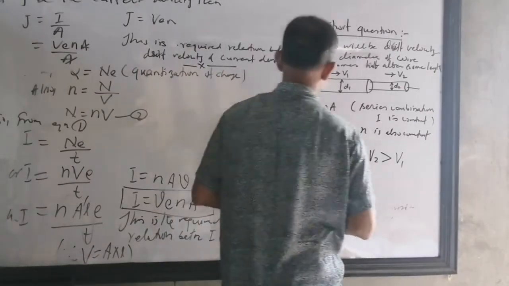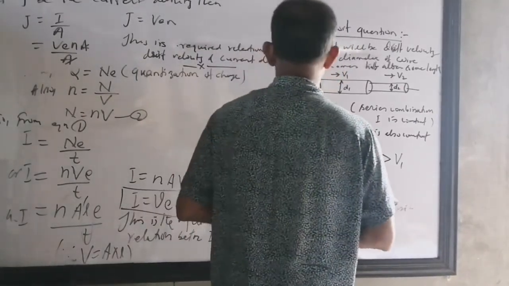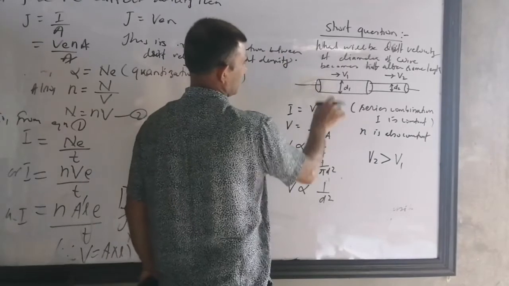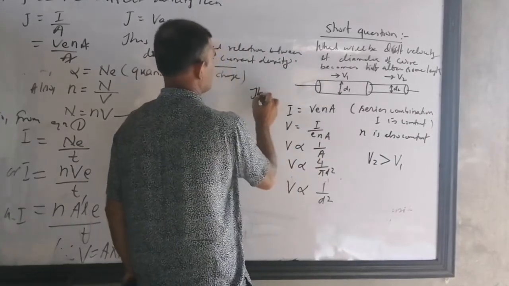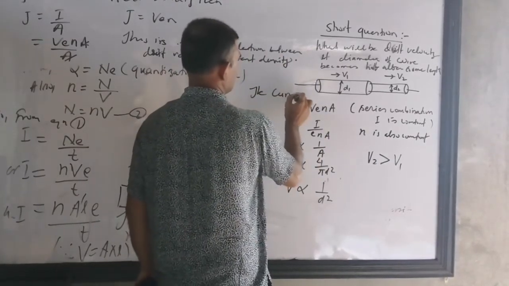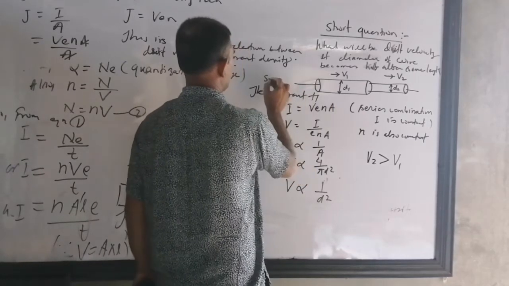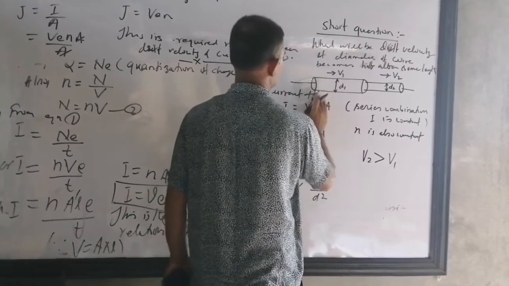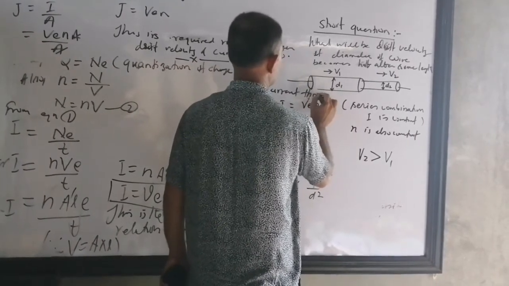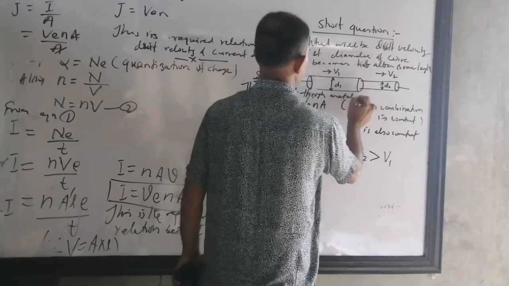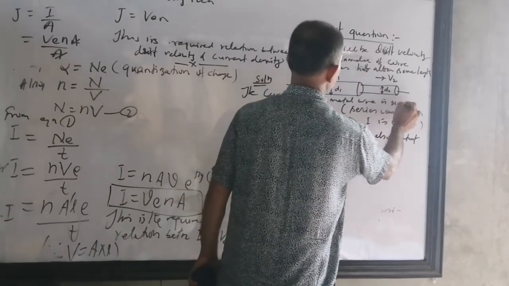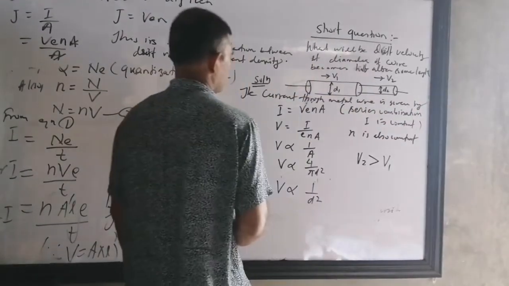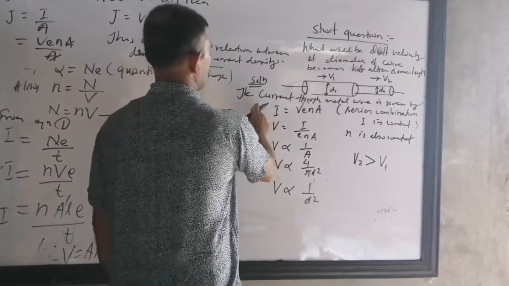I told you this figure and formula is going to help me, so you will start with the solution first. Current through a metal wire is given by I equals this.